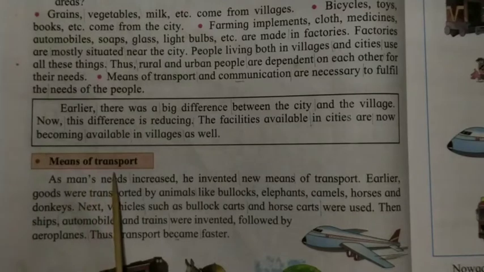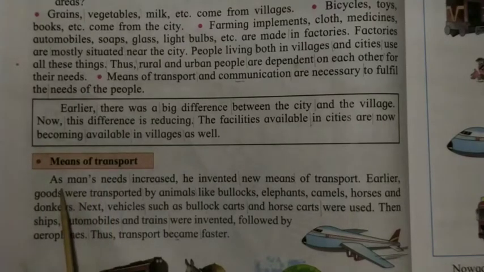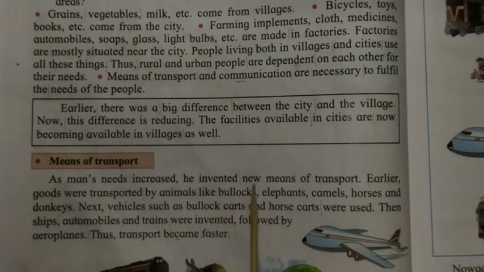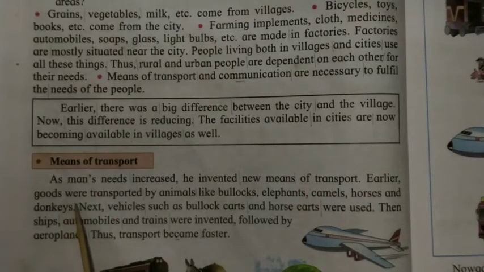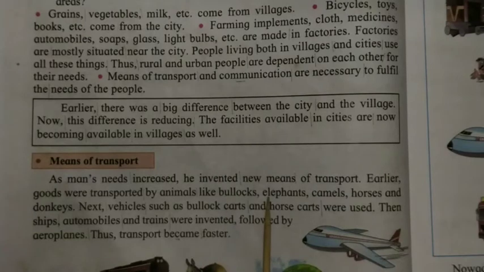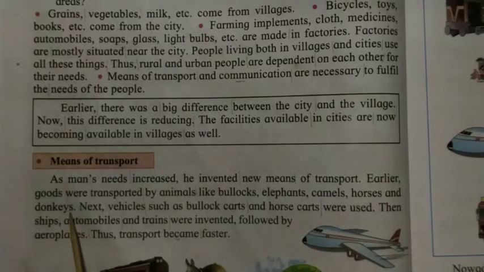Means of transport. As man's needs increased, he invented new means of transport. Earlier, goods were transported by animals like bullocks, elephants, camels, horses, and donkeys.